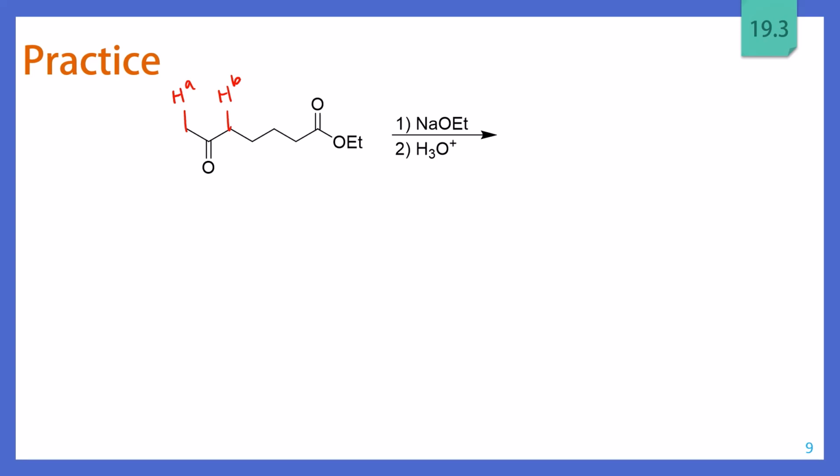The first thing that you have to consider is this is not a strong base. Sodium ethoxide is a weaker base. That means we're going to want to create the thermodynamic enolate, the one that's more stable, because we're going to be in that equilibrium. And you also have to consider what your product would be, what your outcome is going to look like.